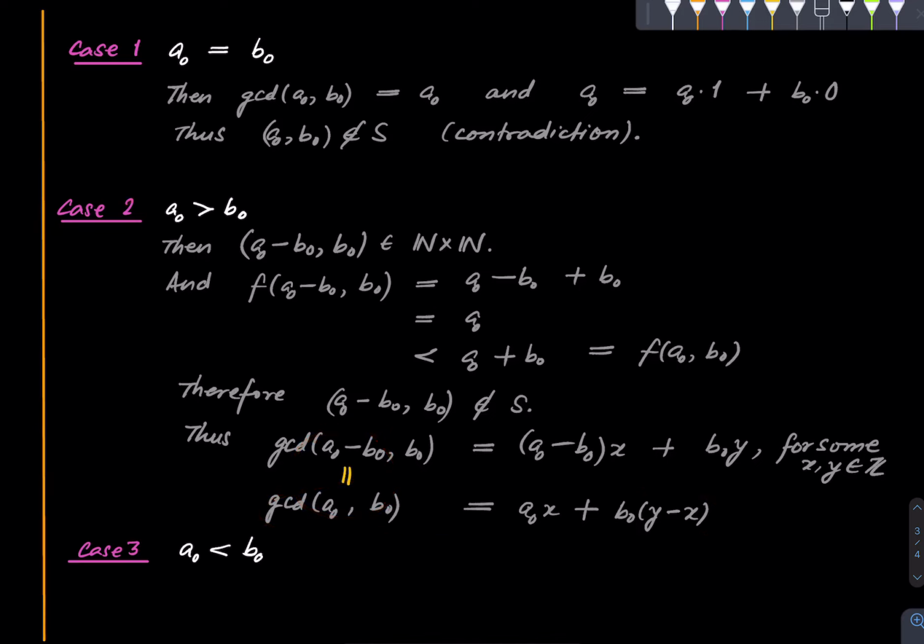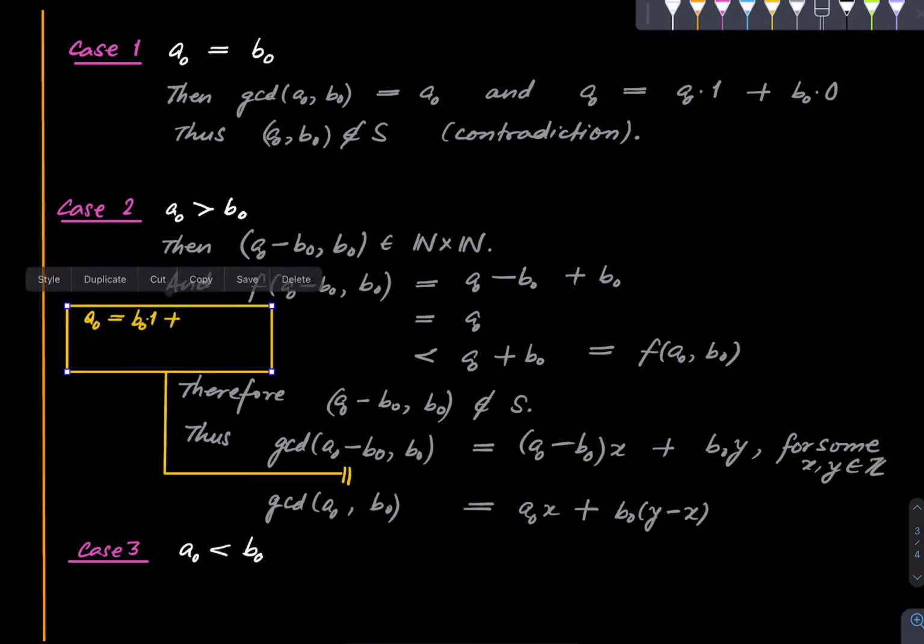So this equality happens simply because a naught is equal to b naught times 1 plus a naught minus b naught, right?